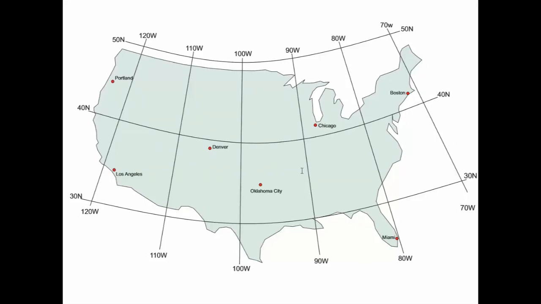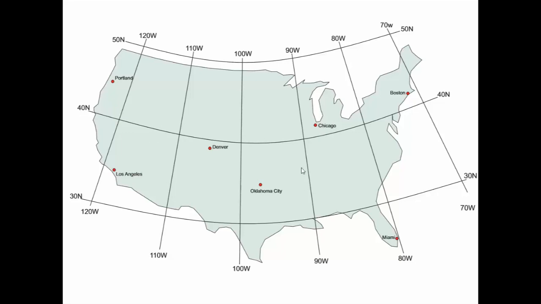The lines running up and down, or vertically, are the lines of longitude. Geographers can't call these lines parallels because they're not parallel. The lines of longitude meet at the North and the South Pole. And just like the lines of latitude, the lines of longitude measure the opposite of what you might think.